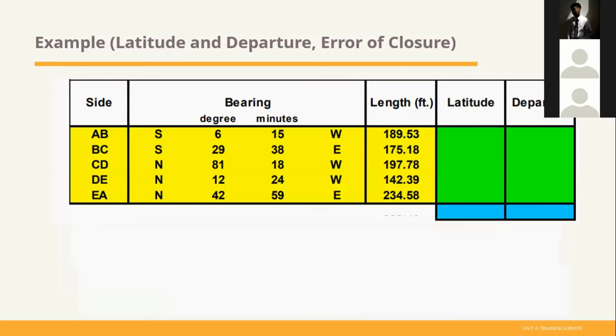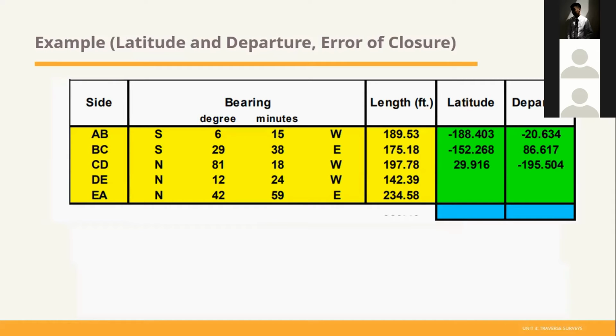In this table, we put all the values here, and as you can see in side AB, we have negative 188.403 for latitude, and for departure we have negative 20.634. And this is for side BC.